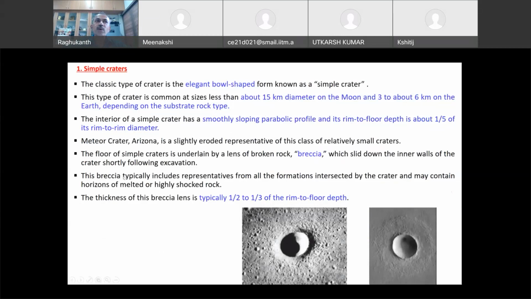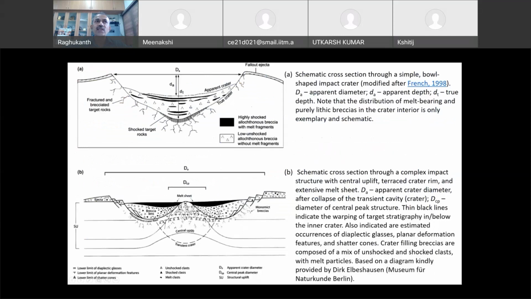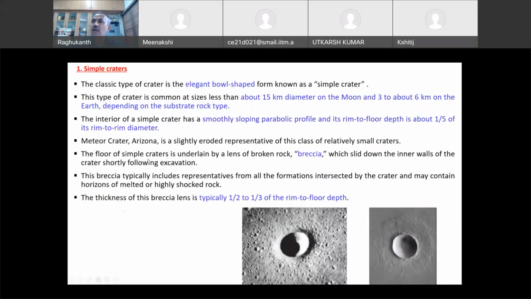The floor of the simple crater is underlain by a lens of broken rock basically. This is what they call breccia. Here you can see in this region, this breccia lens. These are the terminologies they use to describe them in geology. It slid down the inner walls of the crater shortly following the excavation.